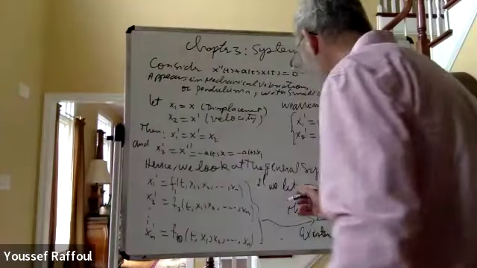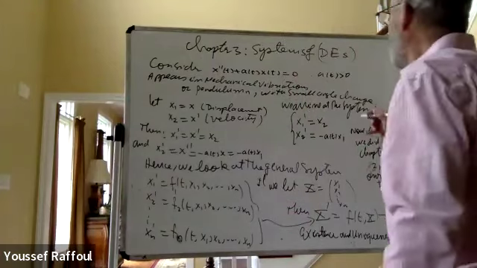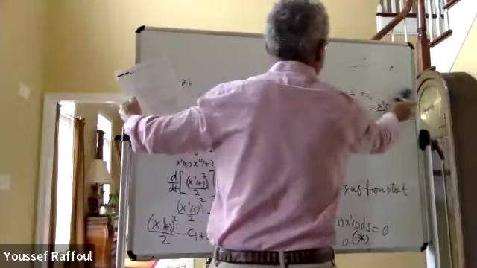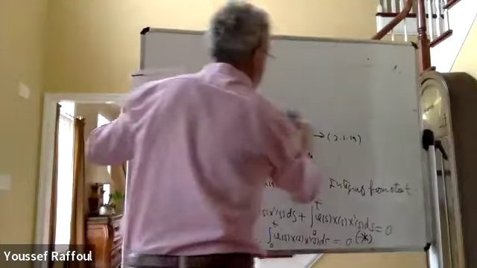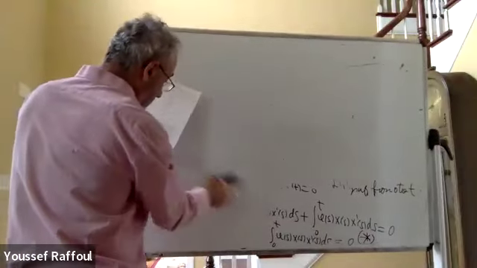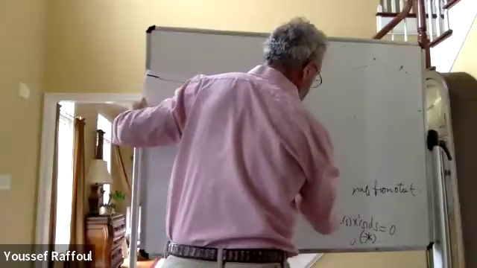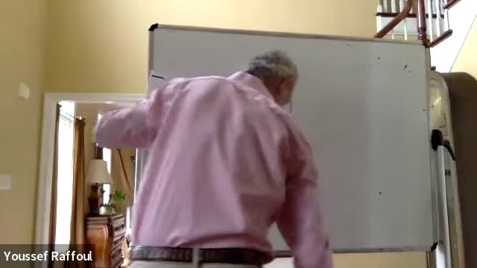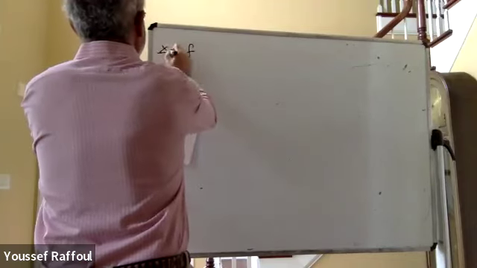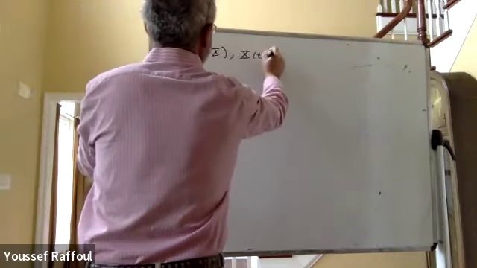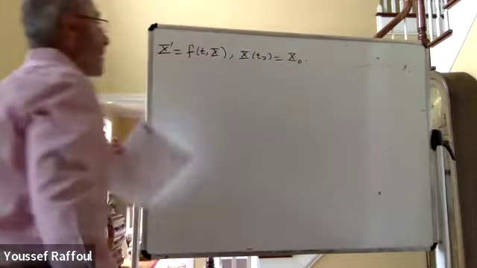So we will have, again, for this system, X prime equal f of t, X, and we're going to define X(t naught) equal the vector X naught.